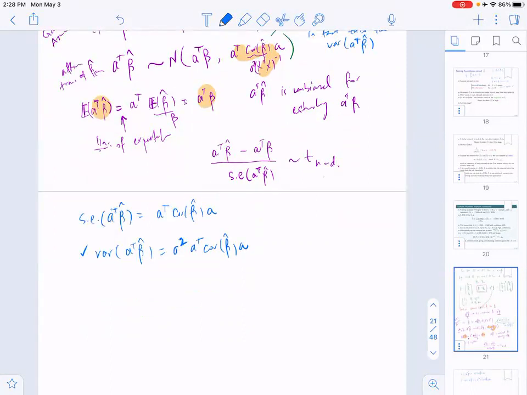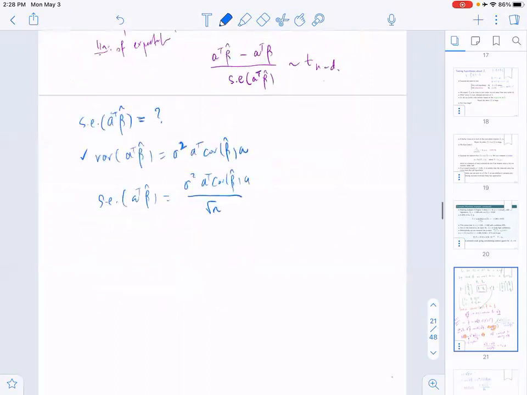So the idea is this is sigma squared A transpose covariance of beta hat A divided by square root n. Is this correct? It's an estimate for the standard deviation.